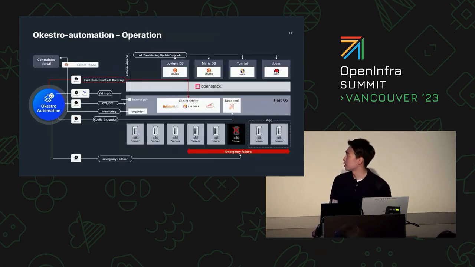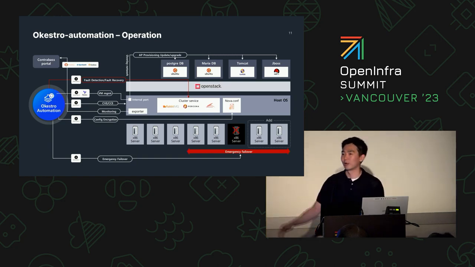And this is the process for Orchestra automation for operation. We're going to be focusing our presentation more on this aspect. From the bottom, you can see that we provide automation for emergency failover for security purposes. We also provide configuration for encryption.